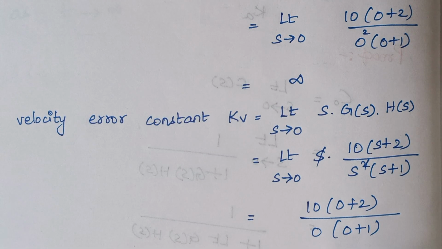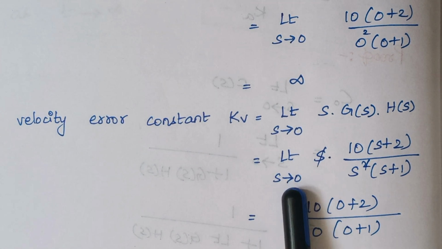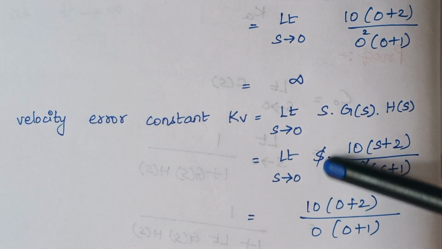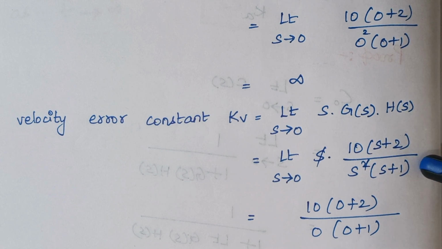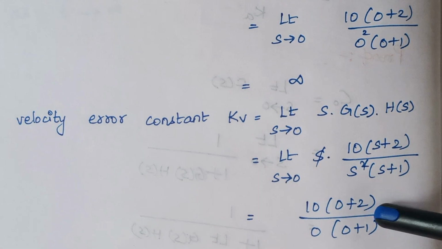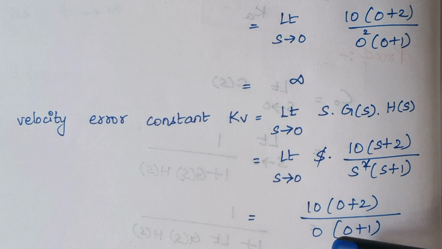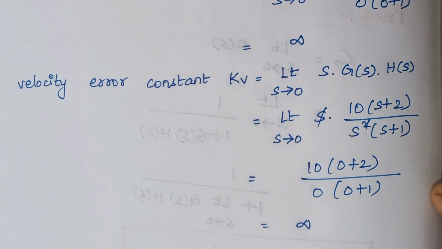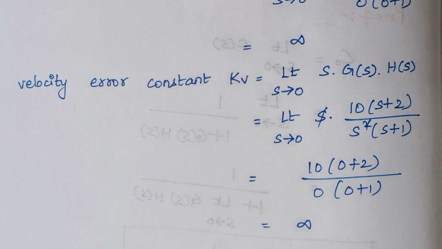Right. So the next thing, just we have to substitute the value of s equal to 0. So when you substitute the value of s equal to 0, what happens? Again, the denominator term becomes 0. So anything divided by 0 is nothing but infinity. So again, velocity error constant is infinity for this problem.